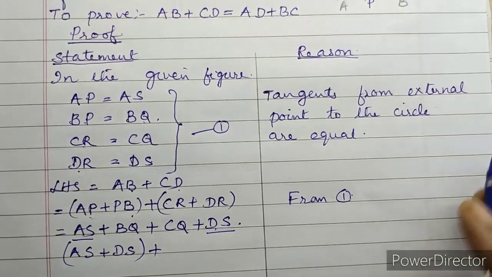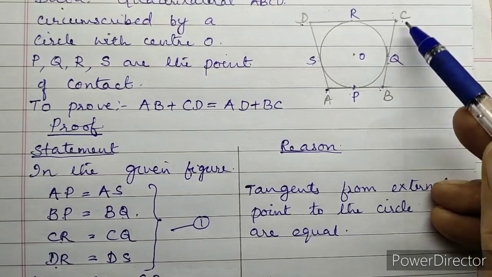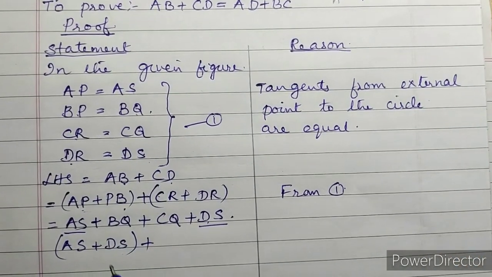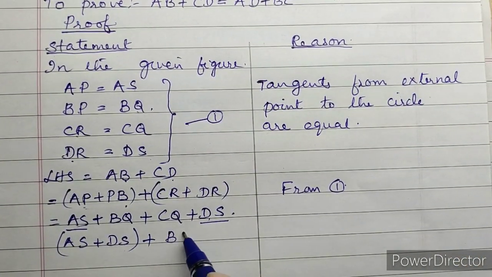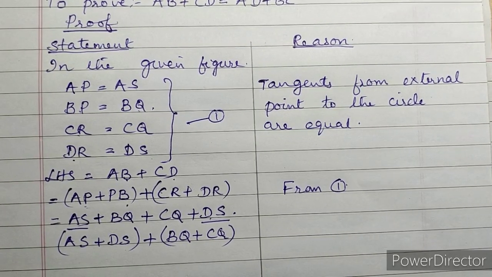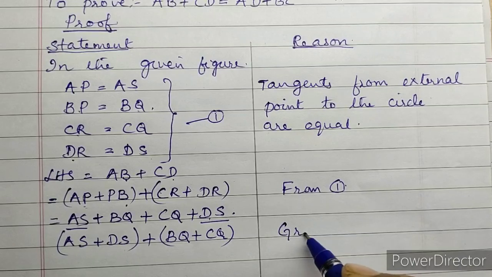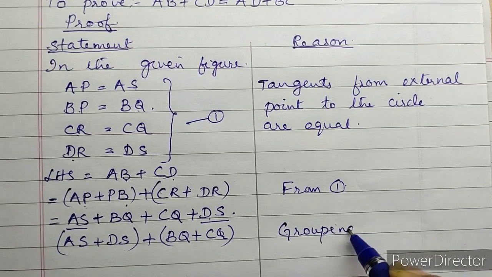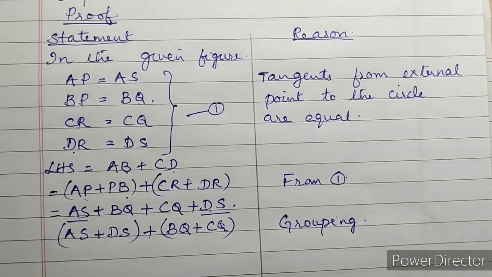Next, the other side, you see it is BQ plus CQ. So BQ and CQ, group them together. What reason can you write here? Arranging and grouping.